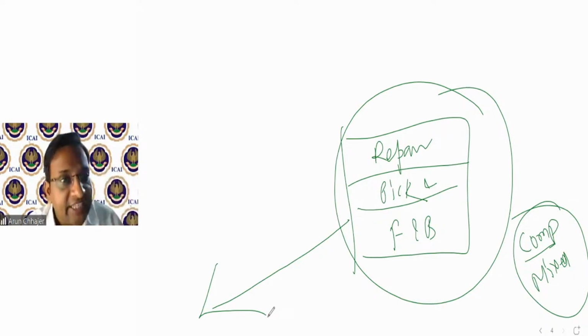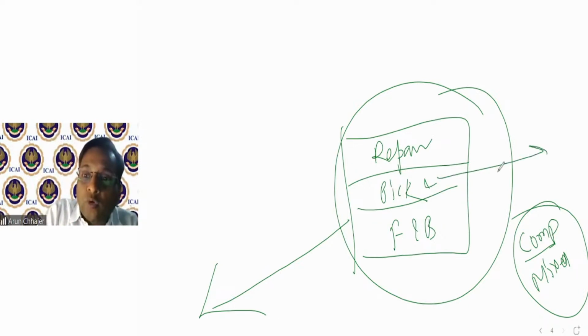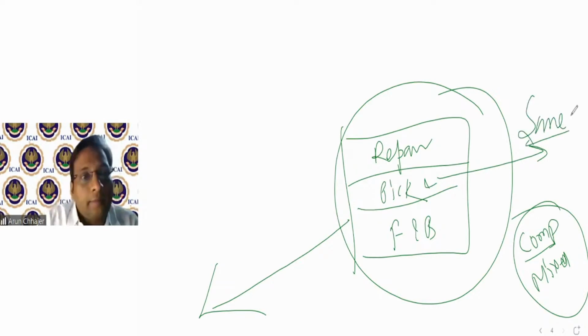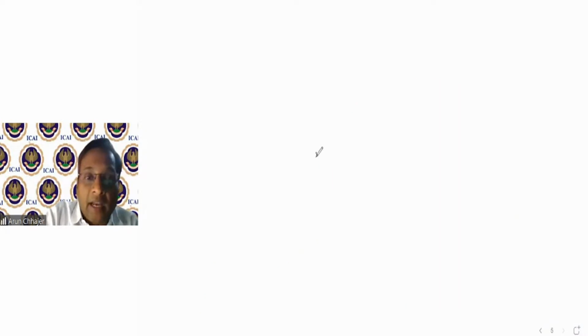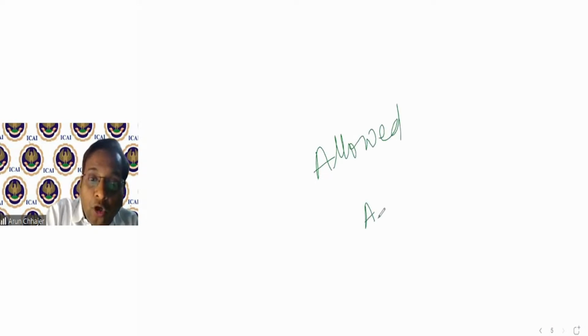But whatever the case may be, if there is no one-to-one outward supply of the same category, but it is clubbed together as a composite or mix, I would be allowed to take the ITC of all three components.